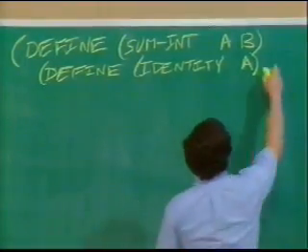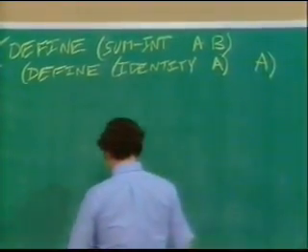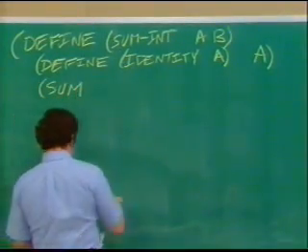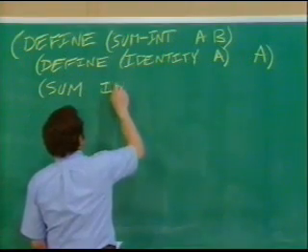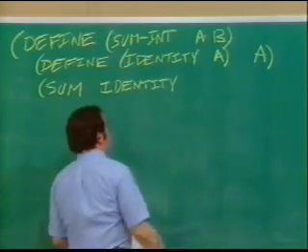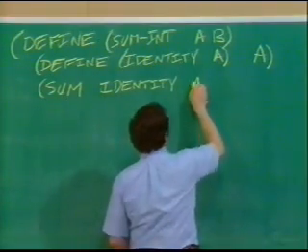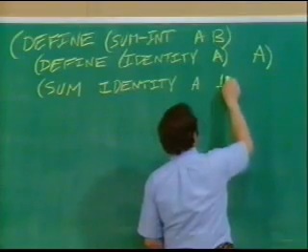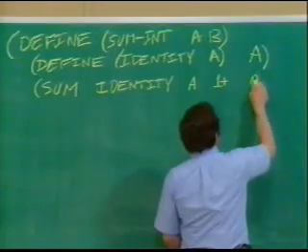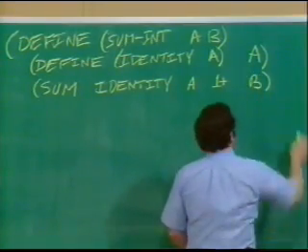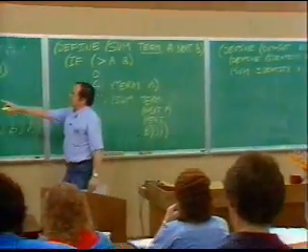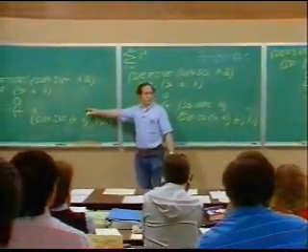So the identity procedure on A is A, or X or whatever, and I want to say the sum using identity as the term procedure, and using A as the initial index and the incrementer being the way to get the next index and B being the high bound, the upper bound. This procedure does exactly the same as the sum of the integers over here. Computes the same answer.